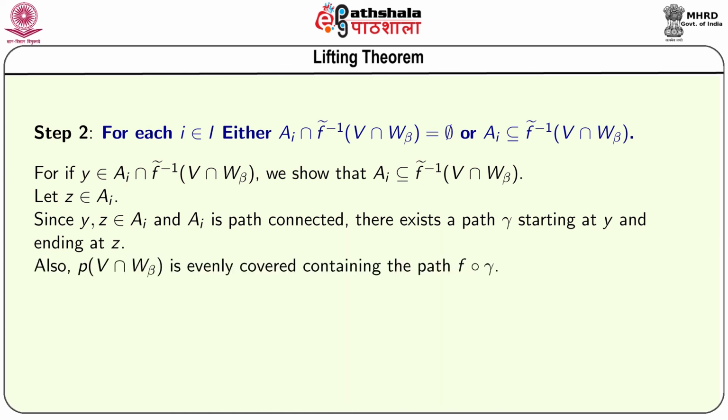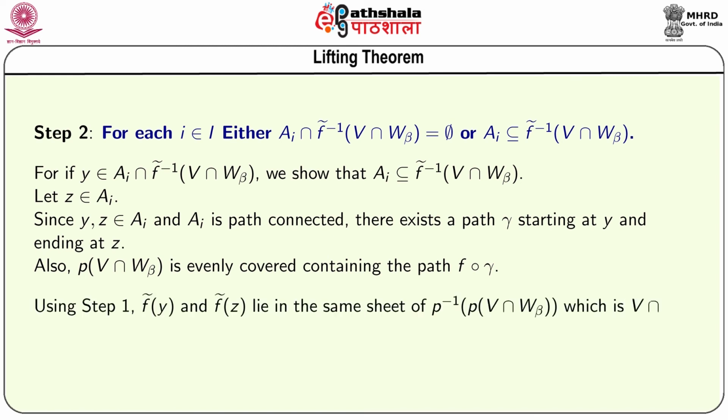Also, P of V intersection W beta is evenly covered, containing the path F composed gamma. Now, using step 1, F tilde y and F tilde z lie in the same sheet of P inverse of P of V intersection W beta.